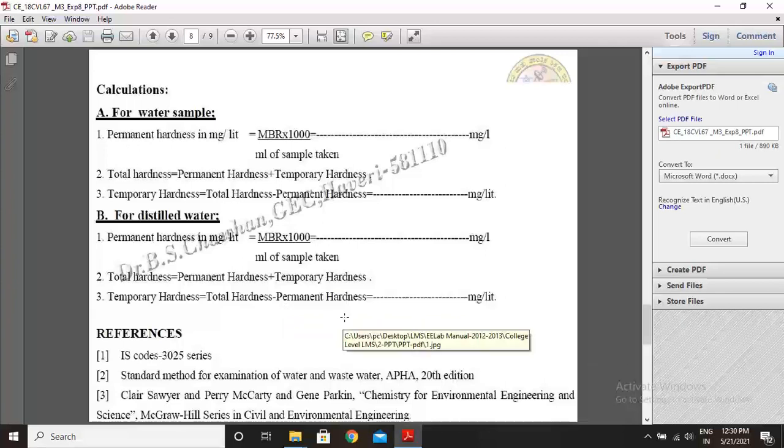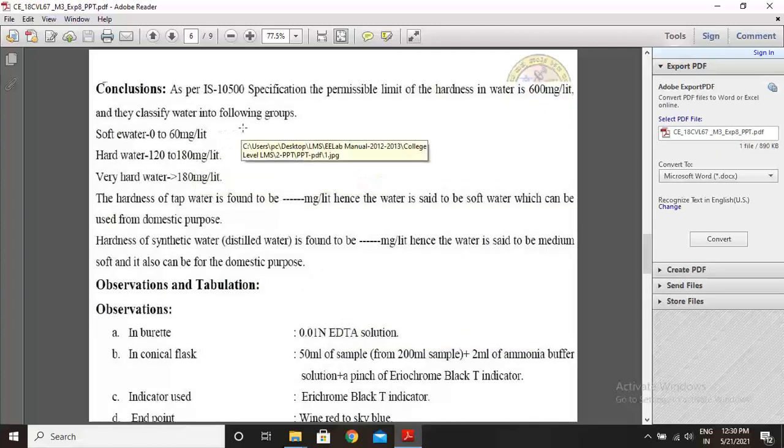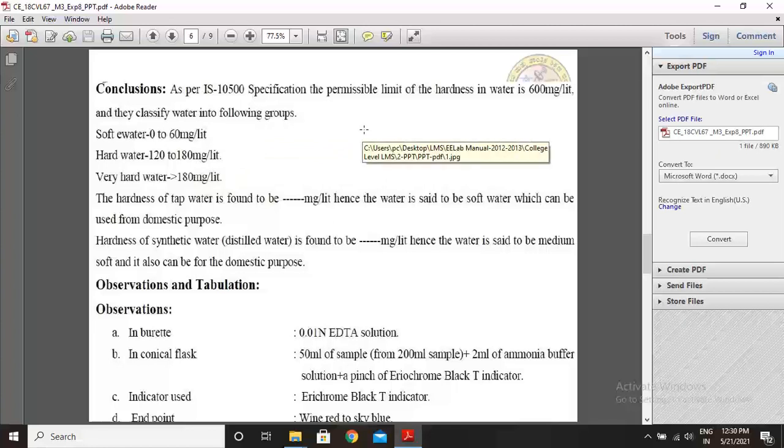So now based on these results we want to write the conclusions. As per IS 10500 specifications, the permissible limit of hardness in water is 600 milligram per liter, and they classify water into the following groups: soft water 0 to 60 milligram per liter, hard water 120 to 180 milligram per liter, and very hard water greater than 180 milligram per liter.